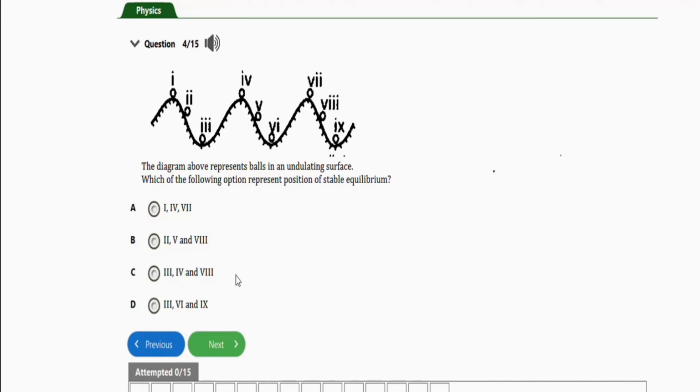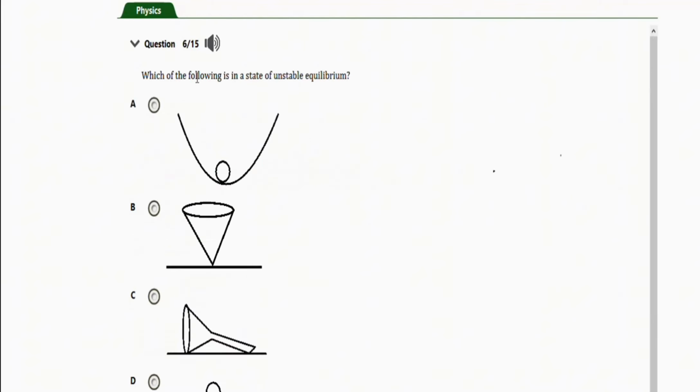Okay, the next question will be this question. It says, which of the following is in a state of unstable equilibrium? So for this particular question, the diagram that shows an unstable equilibrium is this option B. Alright, take note of this question as well. The next question will be this one.